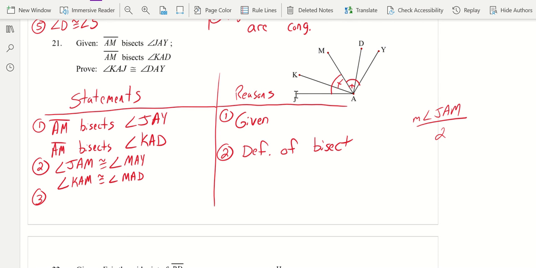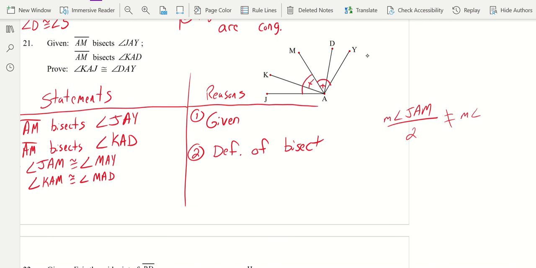What's been bisected is JAY, that's the largest angle, and also the smaller angle KAD has been bisected, but JAM, which is what we need to be bisected to use the division property to give us KAJ congruent to DAY, that doesn't work, right? So this does not necessarily equal the measure of angle KAJ.